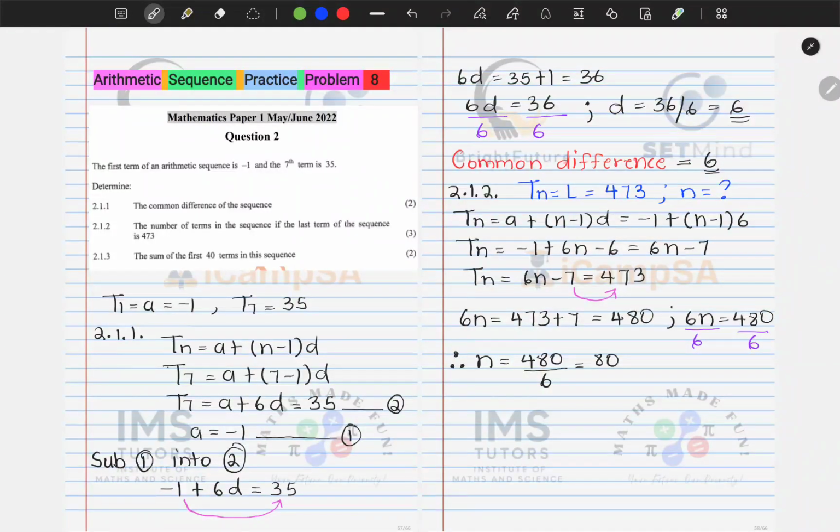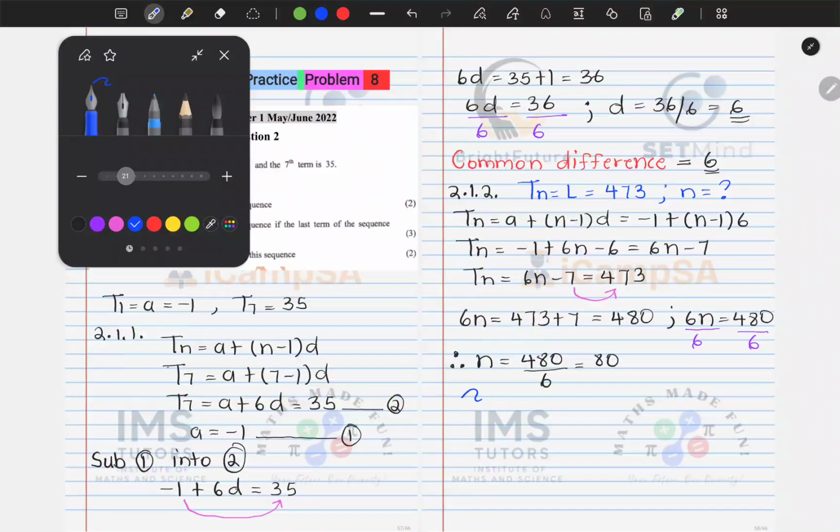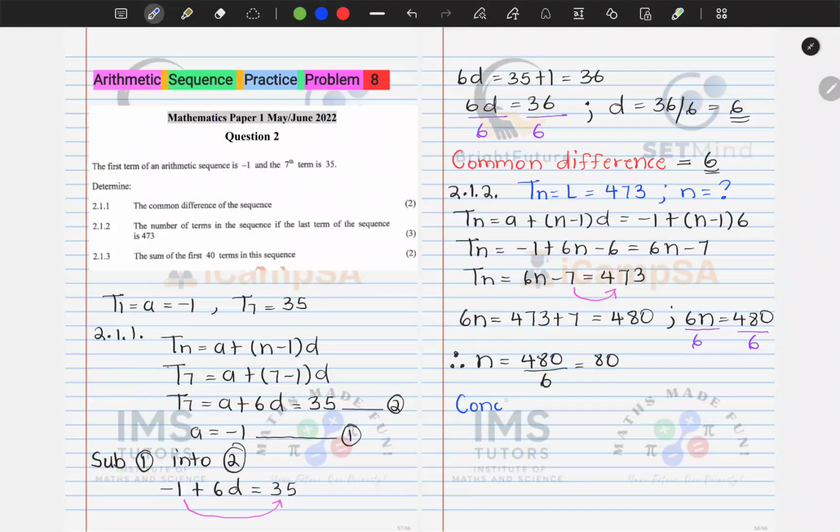So our n is 80. What does this mean? In conclusion, the number of terms in the sequence is 80. So we have 80 terms in the sequence.